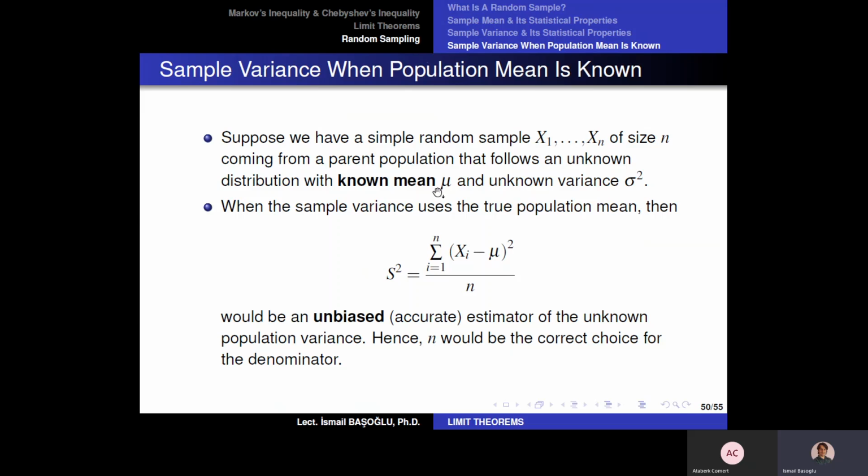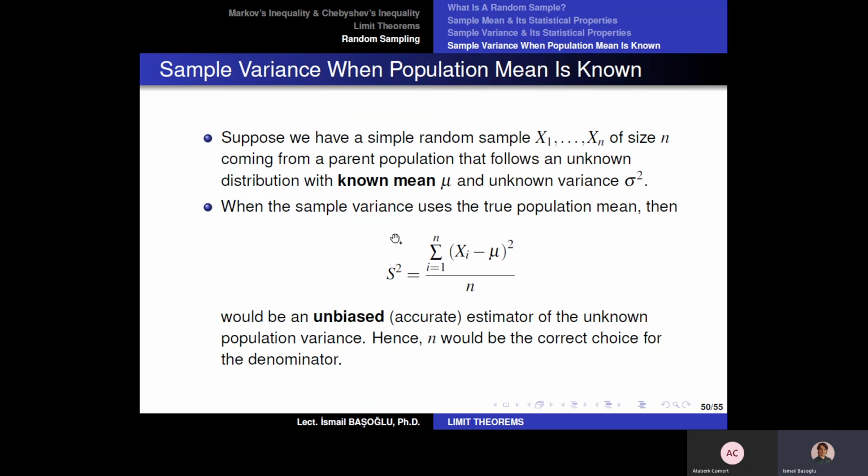So there can be conditions where we do not know the distribution of the parent population, but we know its theoretical mean, mu, because we know the total amount that we use. However, the variance is unknown. The parent population distribution may be unknown, the variance may be unknown, but the mean can be known.